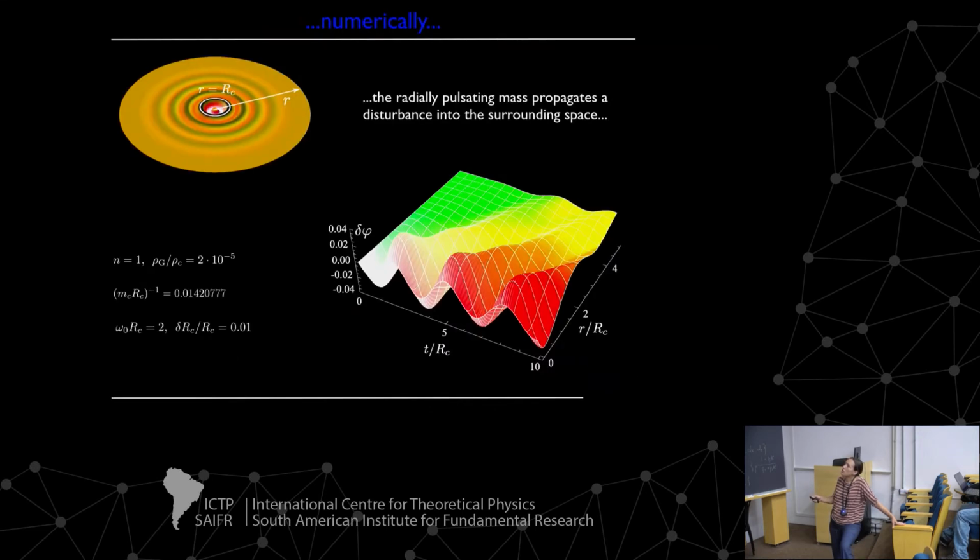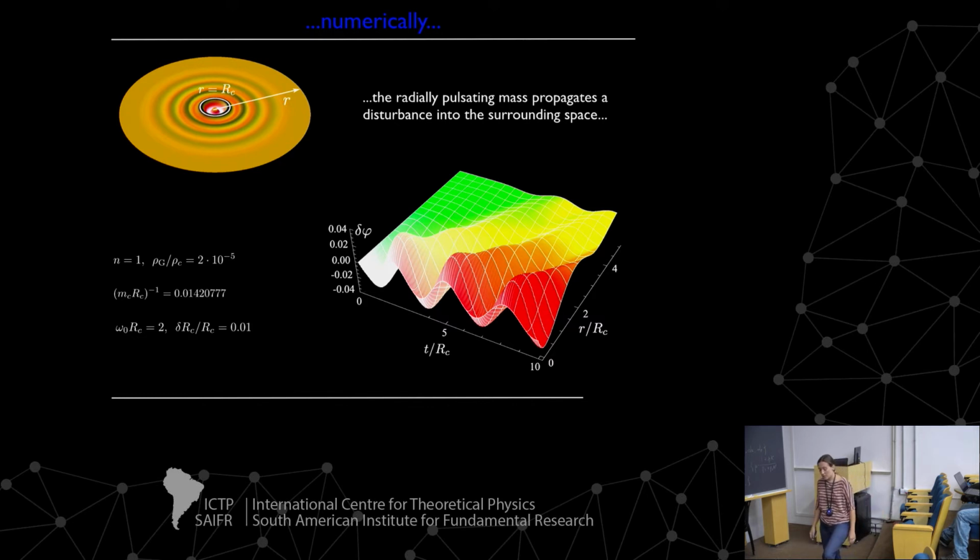So you do see that the chameleon picks up this pulsation as a perturbation that basically propagates as a disturbance into the surrounding space, so it will affect your metric around these sources.